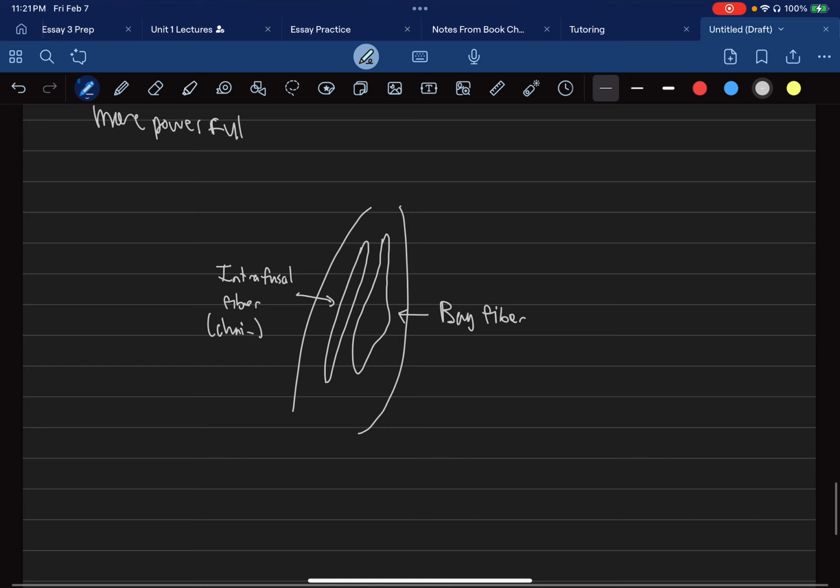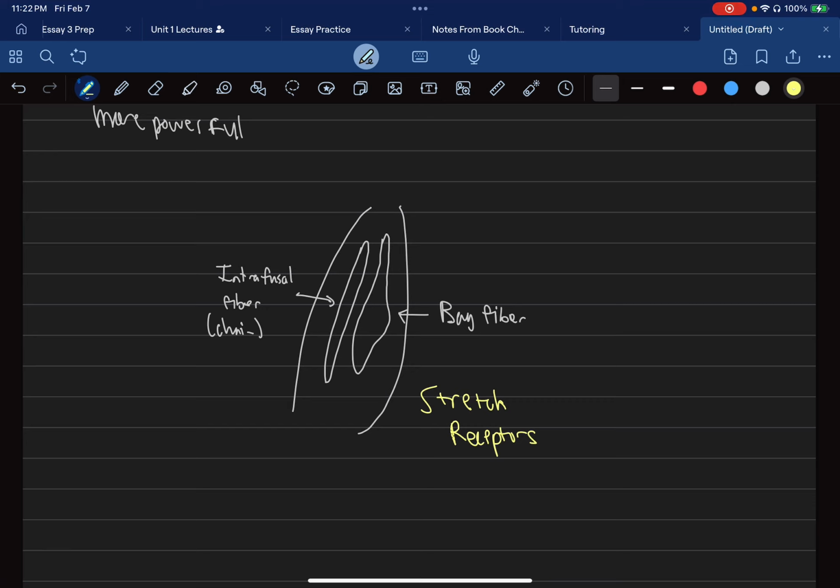Both of these are going to be stretch receptors. The bag and the chain fibers are going to report to the brain different things about how much our muscles are stretching and what to do in response to that stretch.